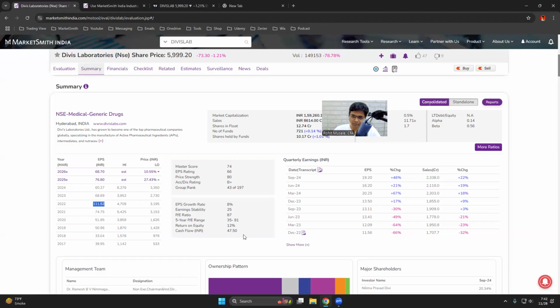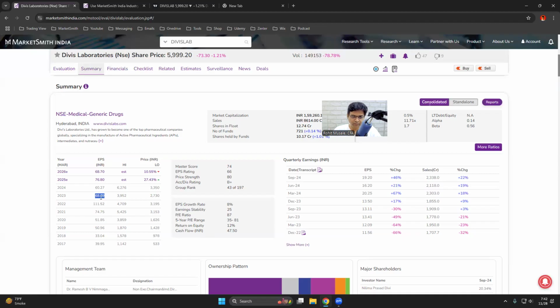See, here you see from 67 it goes to 21, right? That is called decelerating growth rate. From 21 it goes to 46. That is called accelerating growth rate. So at least there is growth, even if it is accelerating or decelerating. Here, if you see annual numbers, forget about growth. It's a decline. There is no growth.